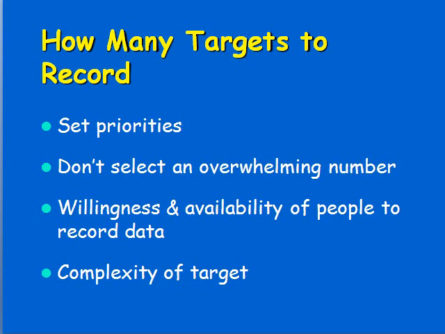Consider the willingness and availability of the people to record the data, and understand the complexity of the target and the client's situations. You don't want to have two measures of the same target. If you have a complex target, though, you know you're going to have more than one measure.